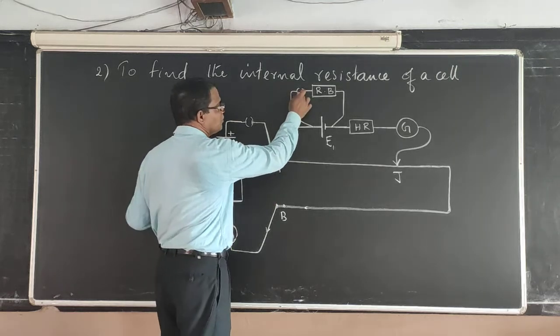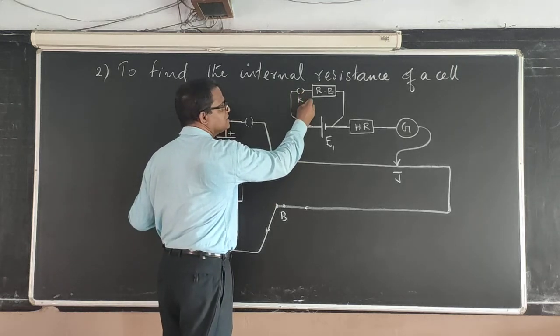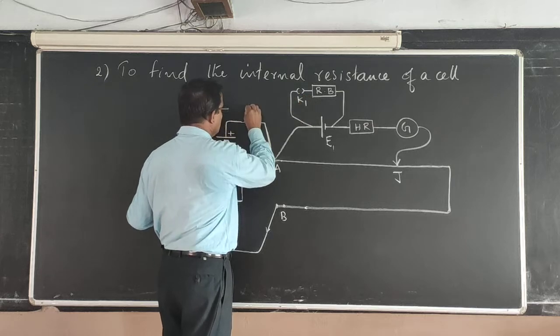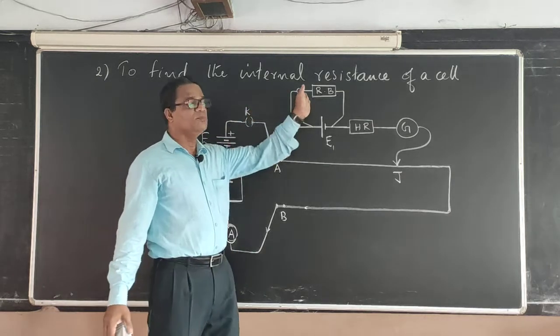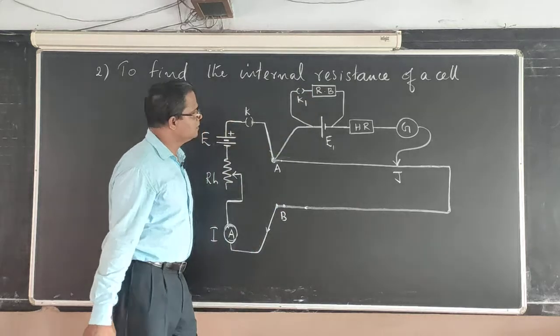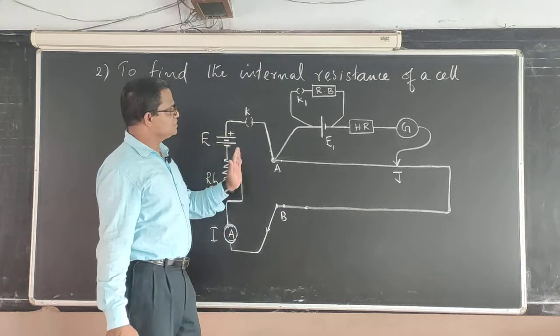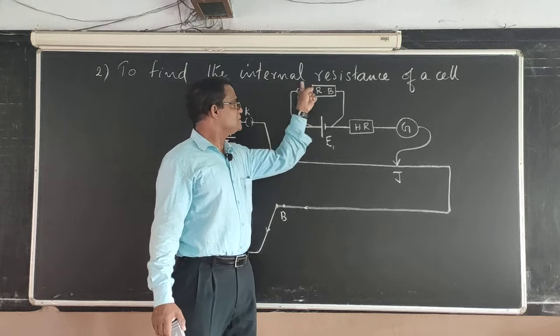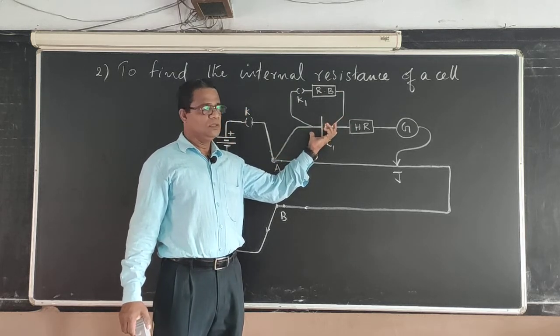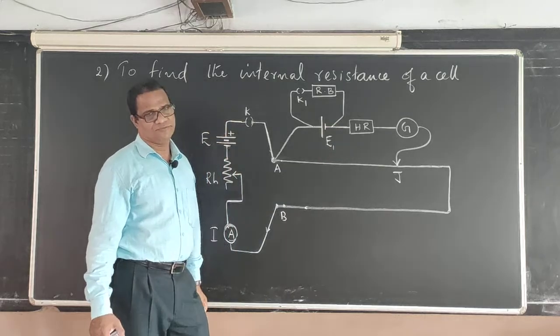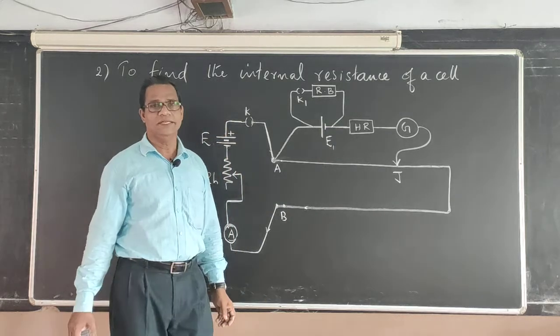So definitely you are putting a key over here. Let this be K1 and this is K. This is very, very important. So this is the connection. This is a bypassing circuit across the EMF, whose internal resistance is to be determined.